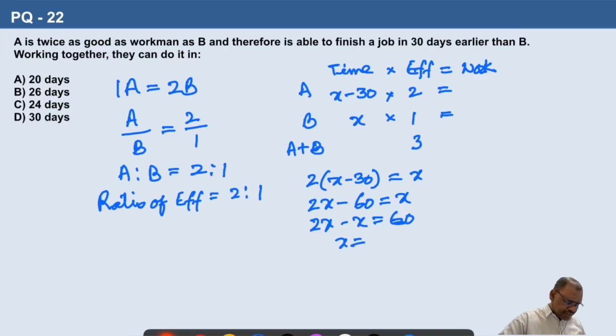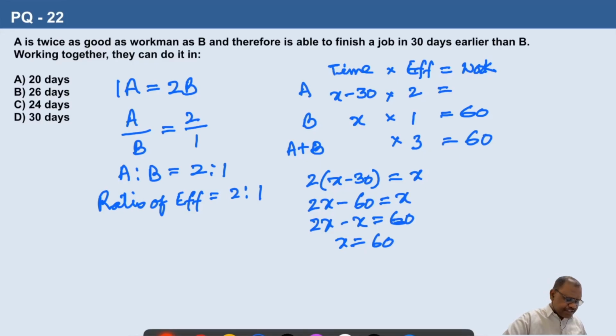X is equal to 60. So that means the total work is 60 units. Because the x value is 60, here also total work is 60.